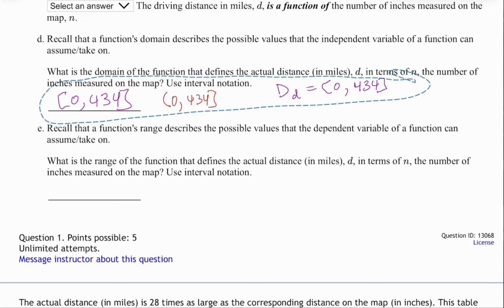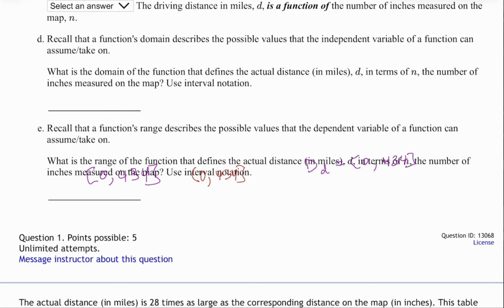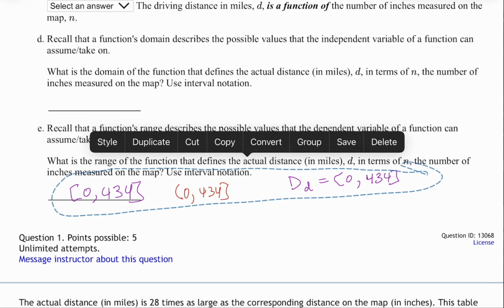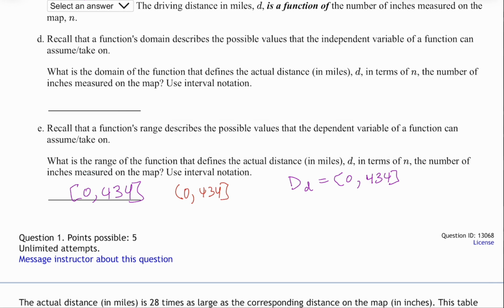See how they mentioned D. Those are the possible outputs, or the miles. Remember, miles are our range values. So this would be our range, would be miles. Our domain would be inches. I apologize for that.